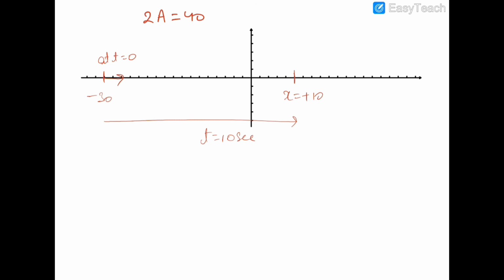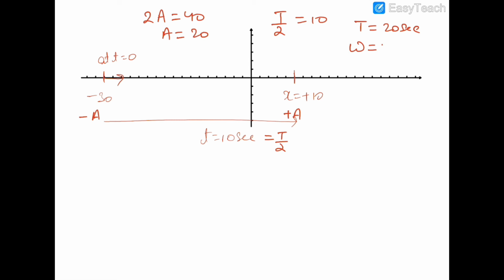So 2a is equal to 40, and therefore a is equal to 20. Now again t by 2, which is the time taken by the particle to move from minus a to plus a, is equal to 10 seconds. So t is equal to 20 seconds.